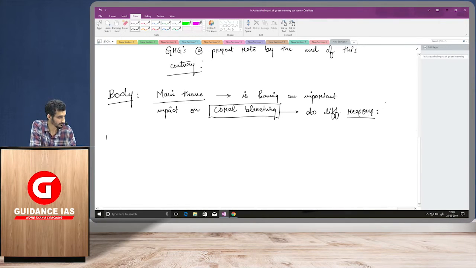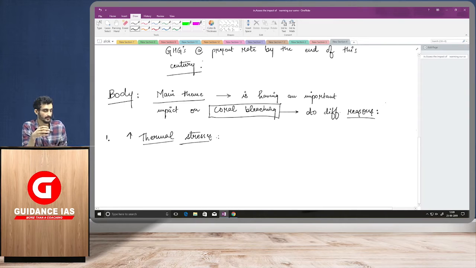So reason number 1 is rising thermal stress. If you want to make points regarding the impact, we can look upon the conditions in which corals thrive. That is a temperature in the range of 20 degrees Celsius, optimum salinity, clean and not much saline water. These are the basic conditions under which corals thrive.